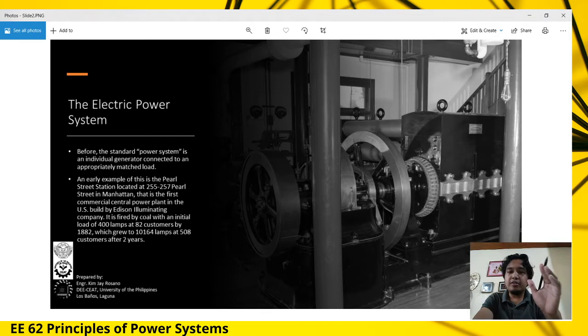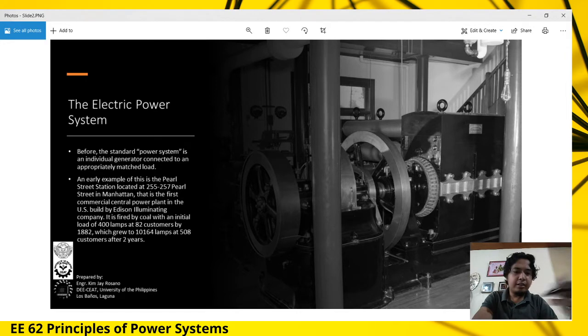It's connected to an appropriately matched load. So it just tells you that okay, I have 100 kilowatt demand here. So give me a generator that can generate 100 kilowatts. So that's basically yun na yan. That's power systems before. Okay, so I have this much load, I need this much power, so give me a generator that can supply that power. Okay?